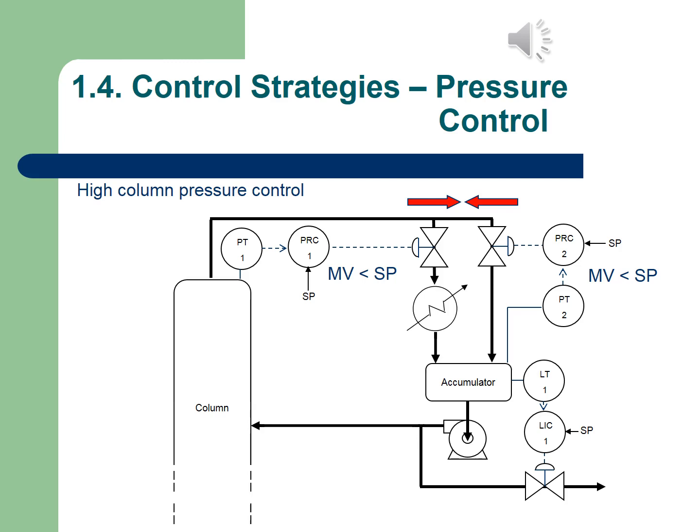So we measure the pressure on PT1 on the column and on PT2 on the accumulator. So if the pressure rises too high, you look at the pressure in the accumulator. If the accumulator's pressure is low and there's no vapor inside the accumulator, we can quickly release some of that pressure through the second leg.